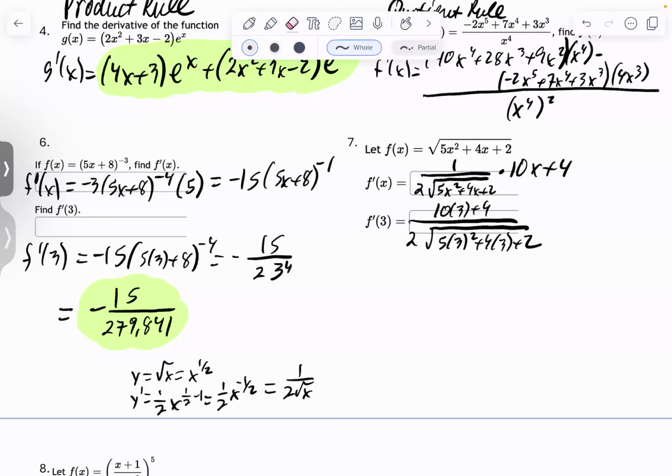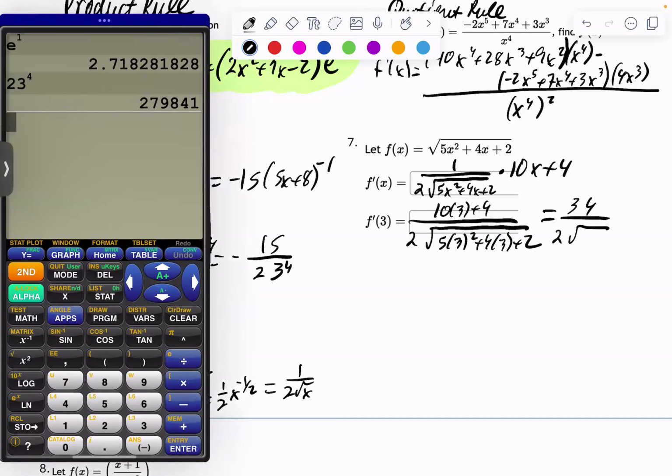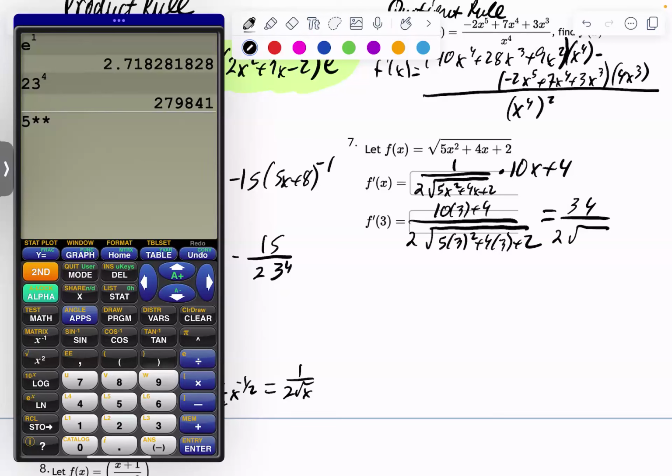That's going to be 34 up top. 2 times the square root of, let's see what we have here. Let's calculate that out. So 5 times 9 plus 12 plus 2, 59.